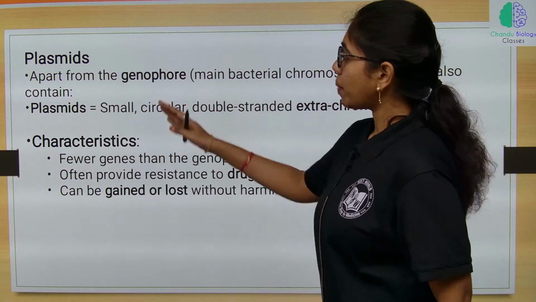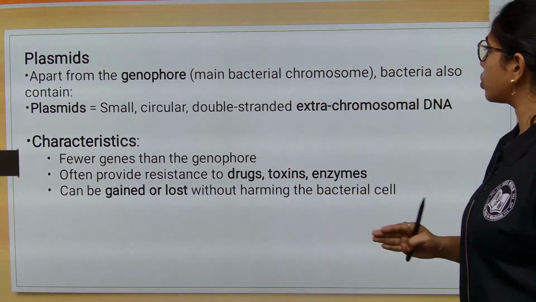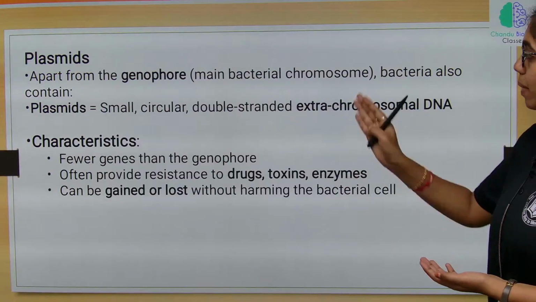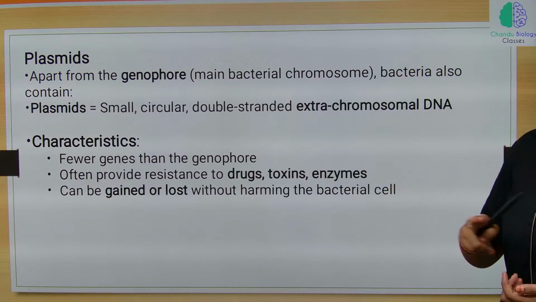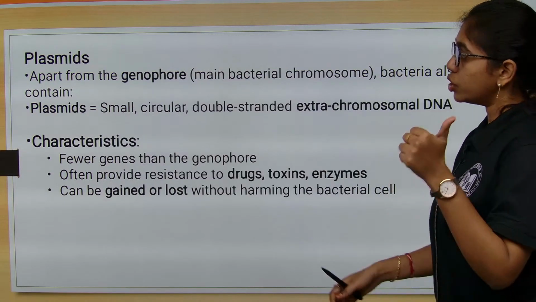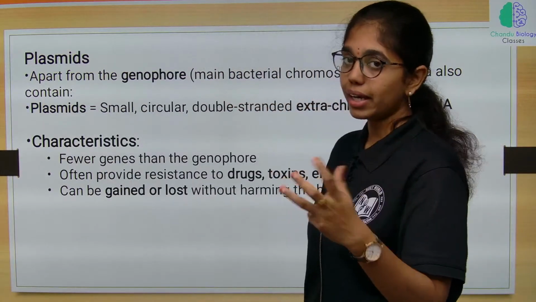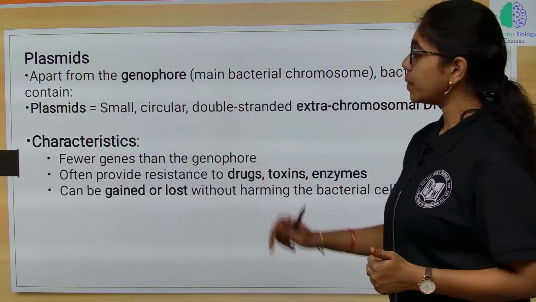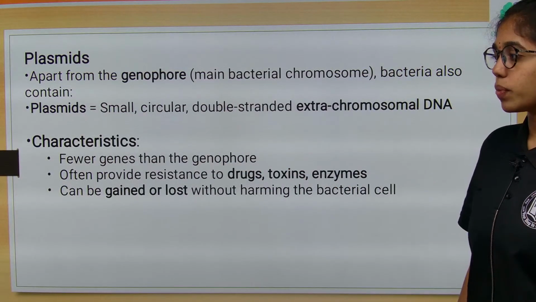So apart from the genophore, the main bacterial chromosome, bacteria also contain plasmids, which are circular, double stranded, and also described as extra chromosomal DNA. The synonyms are important: genophore, bacterial chromosome, genomic DNA, chromosomal DNA, one and the same. Plasmid DNA, extra chromosomal DNA, non-genomic DNA is one and the same.